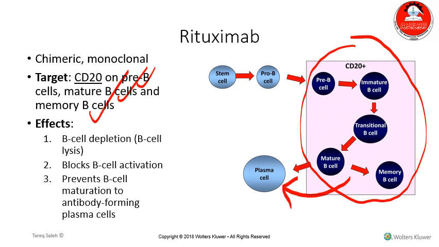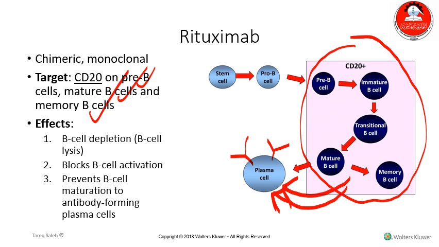Remember that mature B cells then proliferate into plasma cells, and these are the cells responsible for the production of antibodies. This means that rituximab directly interferes with humoral immunity or antibody-mediated immunity rather than interfering with the cell-mediated immunity that is usually mediated by T cells.